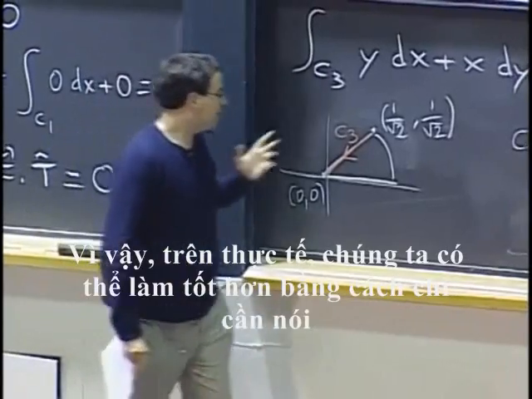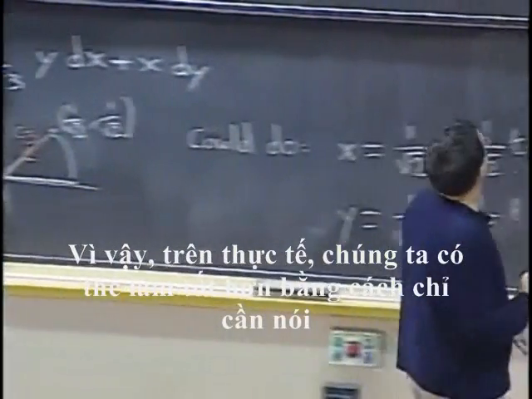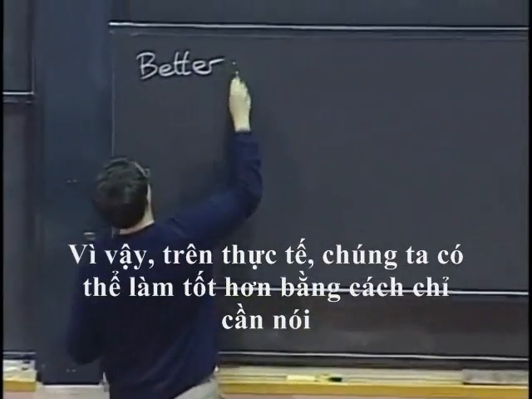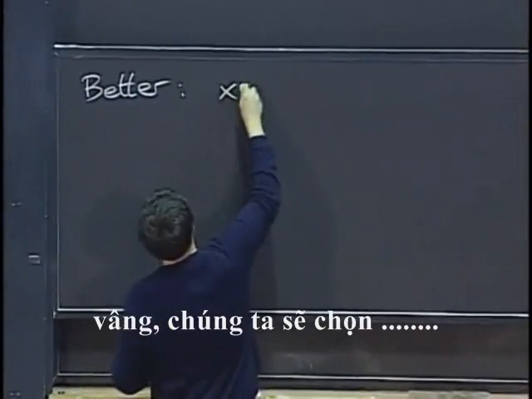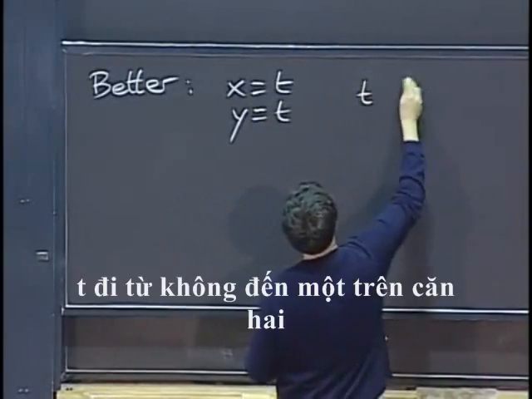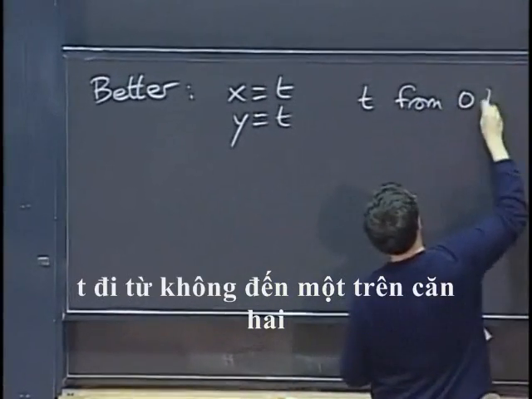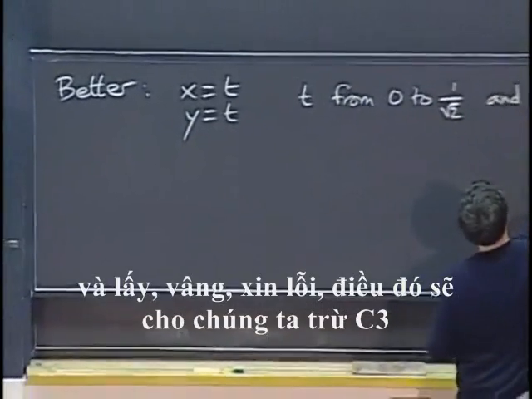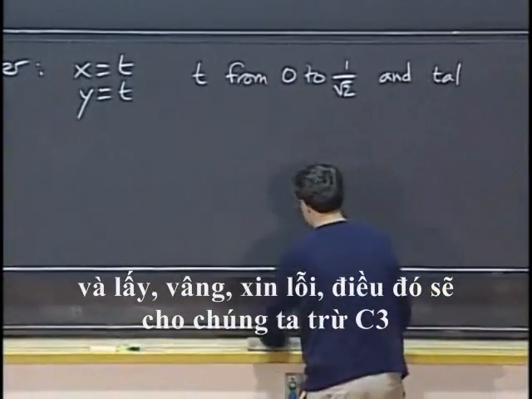So in fact, we can do slightly better by taking x equals t, y equals t, t from 0 to 1 over root 2, and take, well, sorry.